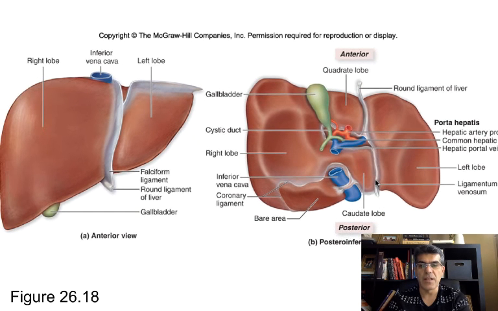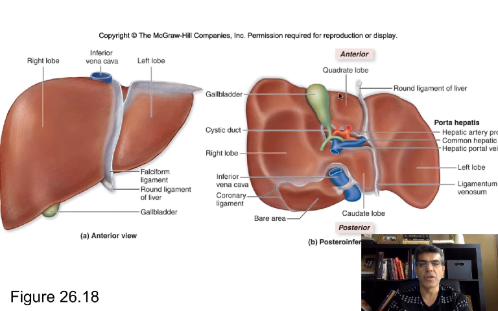Also, I want you to understand that the inferior vena cava that brings unoxygenated blood to the heart is going to pass behind the liver. So here's your inferior vena cava, going behind it. This piece of the liver between ligamentum venosum and inferior vena cava, right there, is called the caudate lobe.